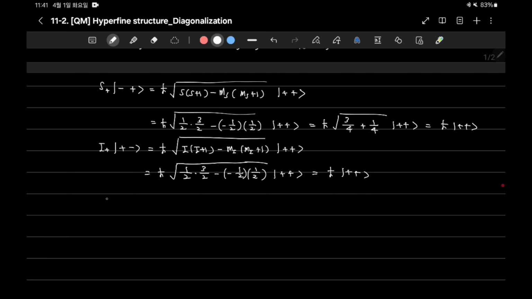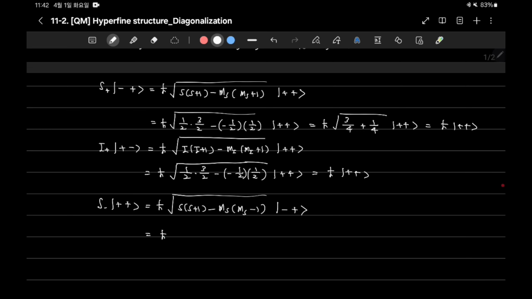How about the s minus? S minus operates on the plus plus case. It is h bar square root of s plus 1 minus ms minus 1, and also minus plus.